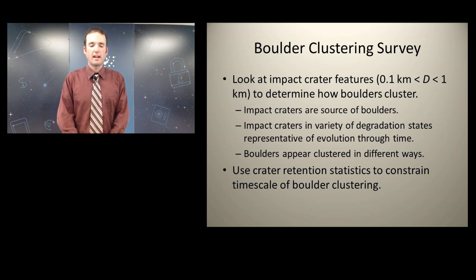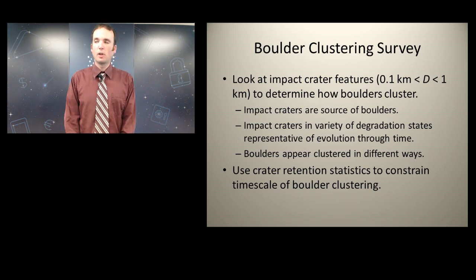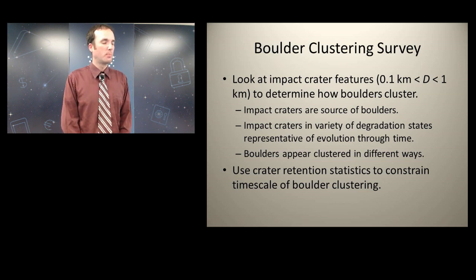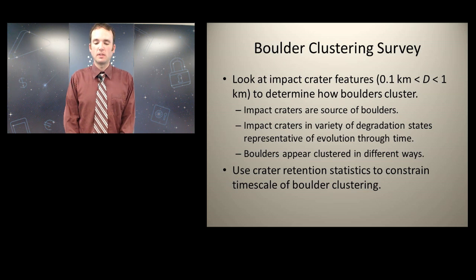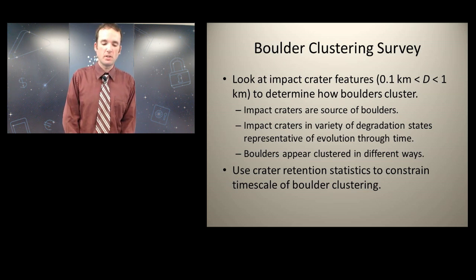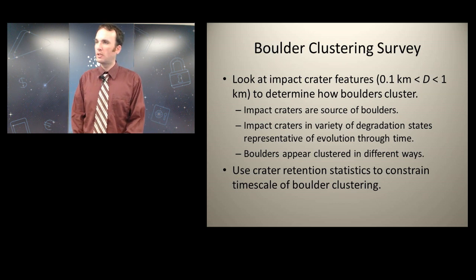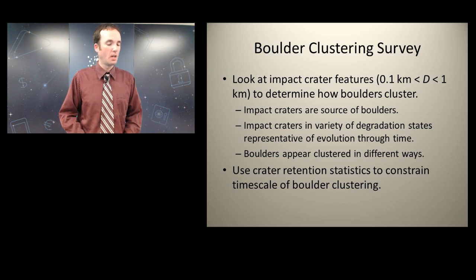So what I did is I wanted to start out by looking at impact crater features because I knew I would find boulders there pretty regularly. So we focused on craters that were between 0.1 kilometers in diameter and 1 kilometer in diameter to determine how boulders cluster.